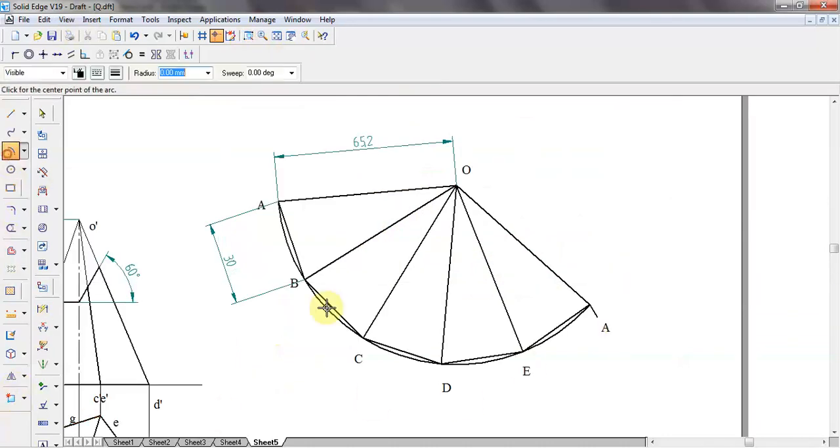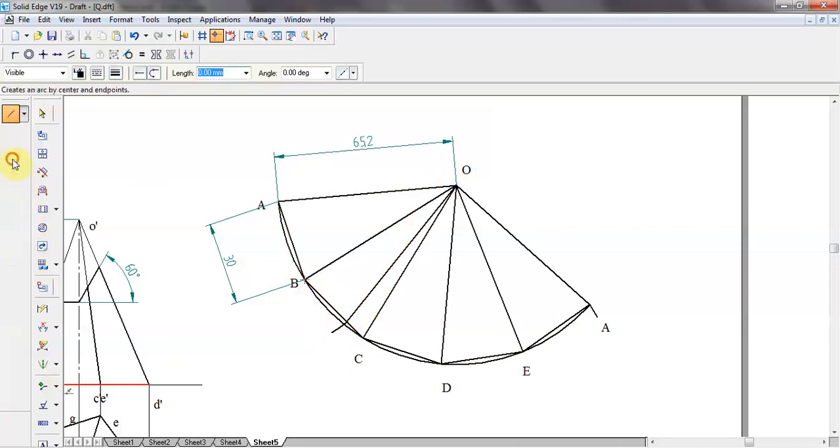So take an arc from here, 21.71. Join it to the center.